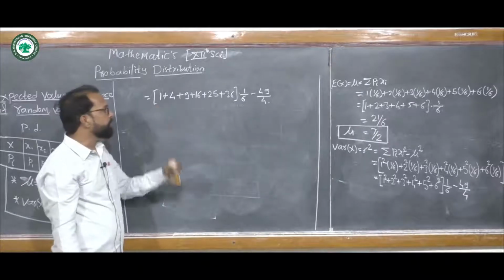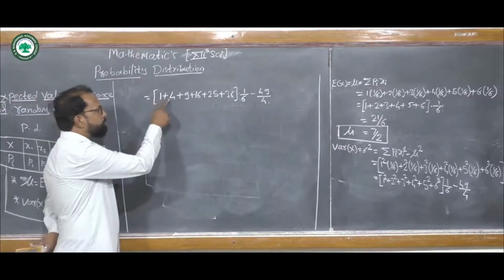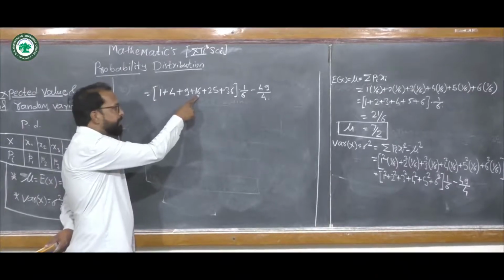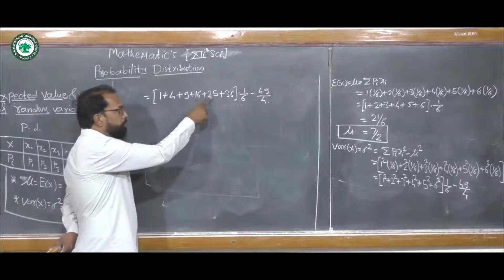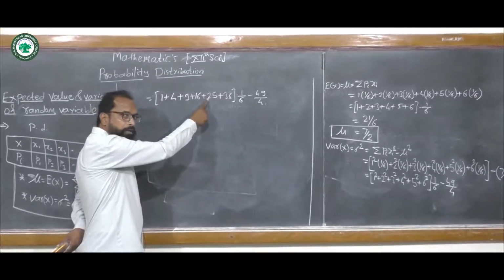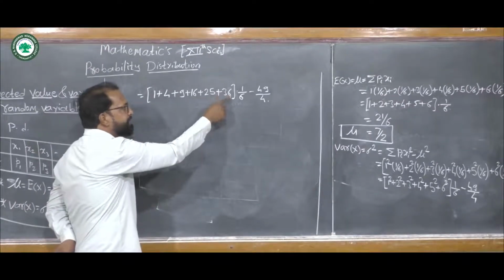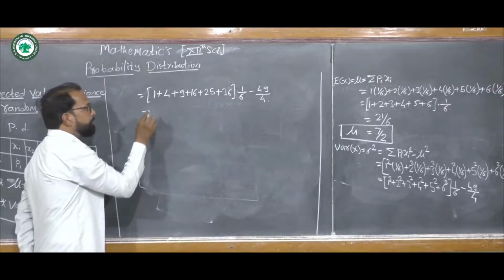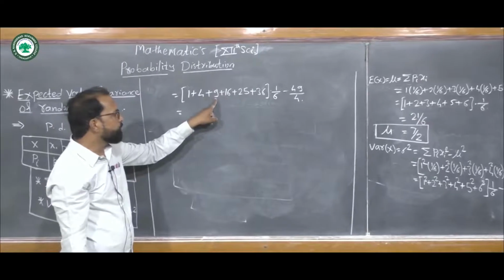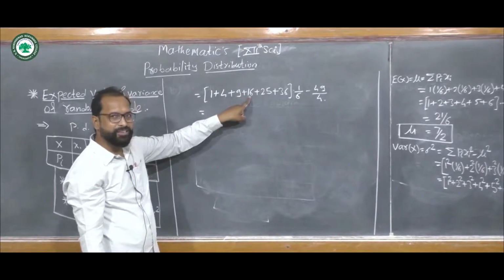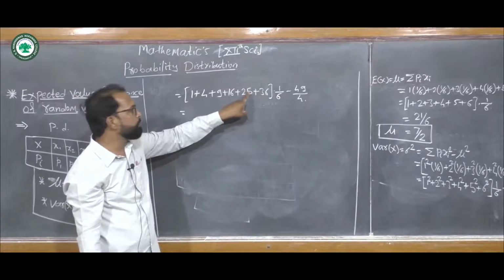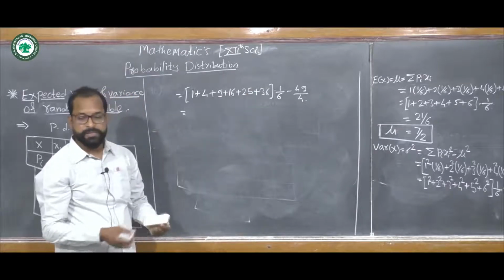Now if we add this, it becomes 1 plus 4 is 5, 5 plus 9 is 14, 14 plus 16 is 30, 30 plus this 50 becomes 80, and plus this 11 it becomes 91.